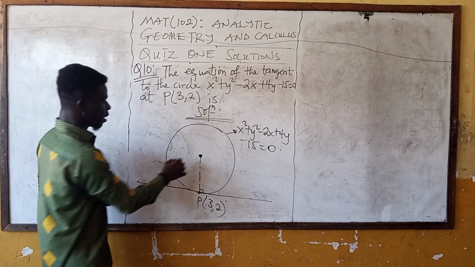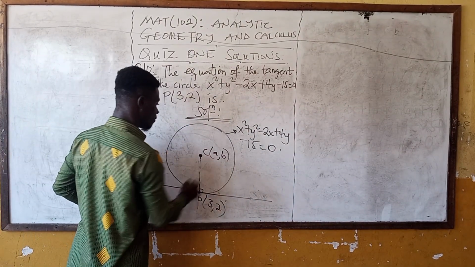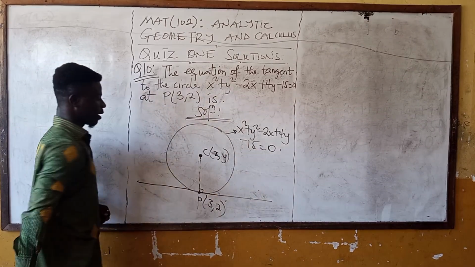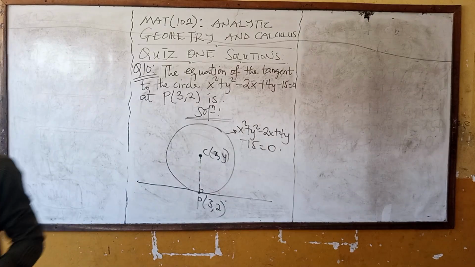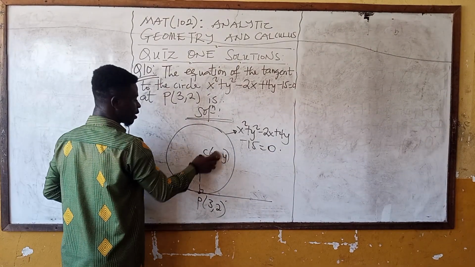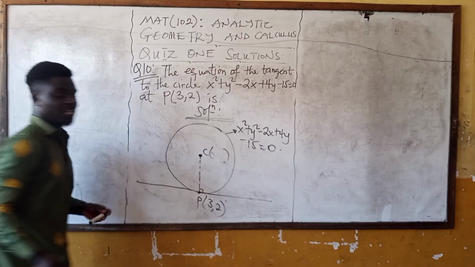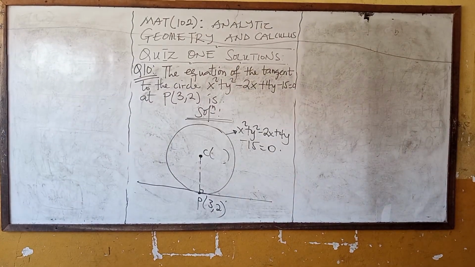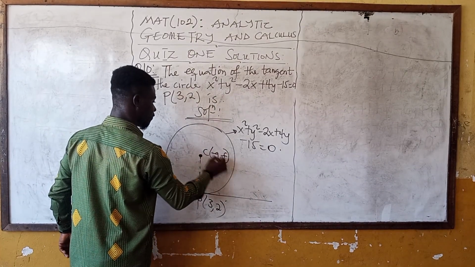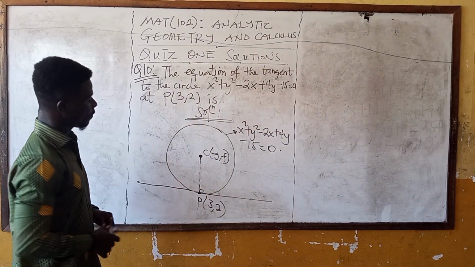So now here, our center, which is a, b, or let's say our center, which is x, y. Because of the equation given, we can use our center to be minus g, minus f.